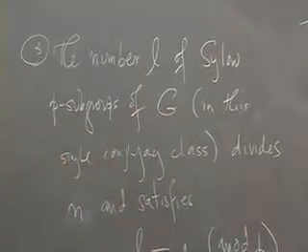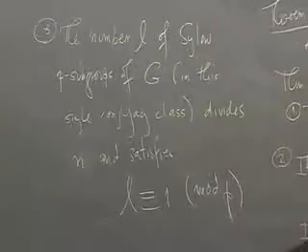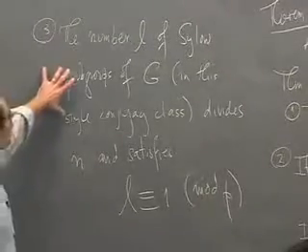Leaves a remainder of 1 after dividing by p. So there's a restriction on the number of Sylow p subgroups.